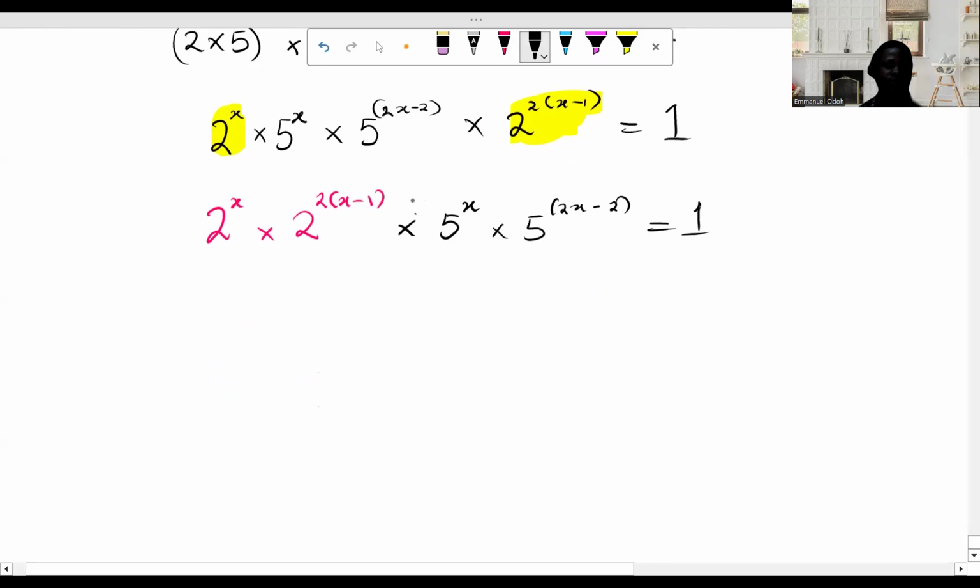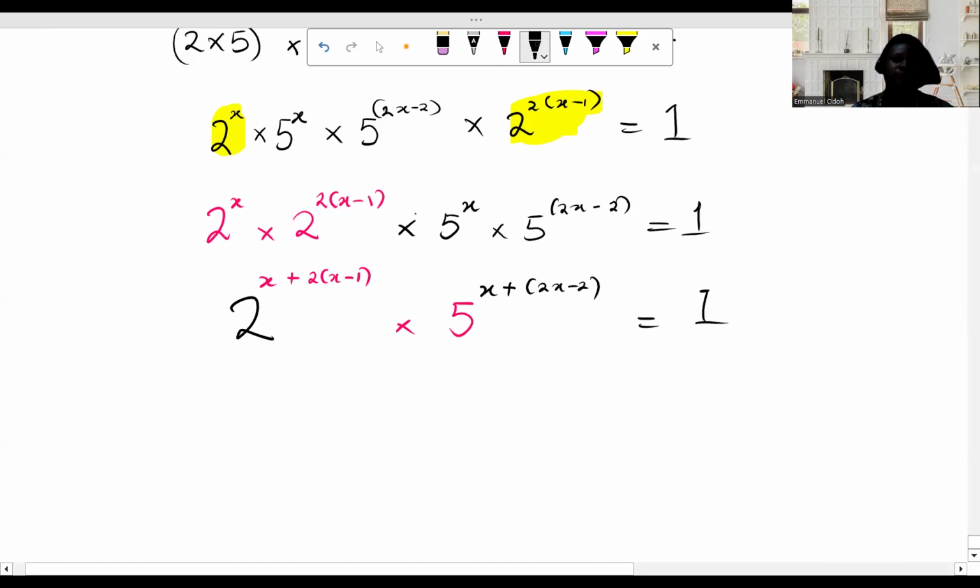Since they are the same base, we can pick the base and add the powers: x plus 2x minus 4. For the 5, pick one base and add the powers: x plus 2x minus 2, and here is 1.